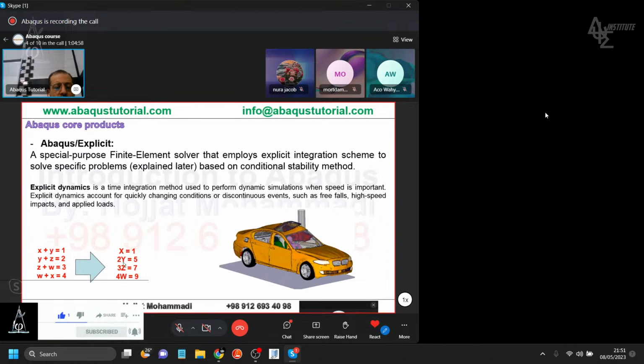As you can see, the 4 equations were converted to a new 4 ones, in which each equation can be solved independently, and it doesn't need other variables.